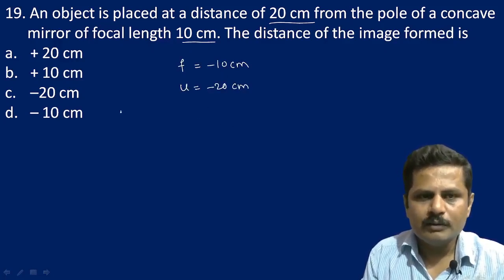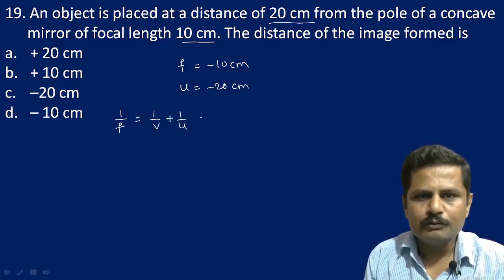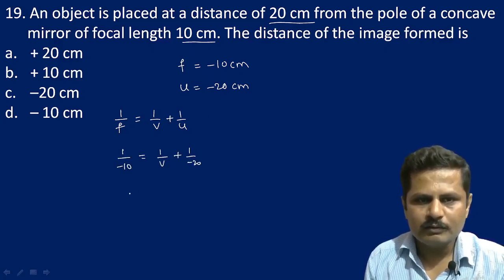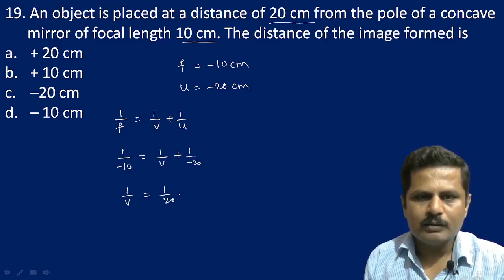So from the mirror equation we can write 1 by f equals 1 by v plus 1 by u. On substituting the values, 1 by minus 10 equals 1 by v plus 1 by minus 20. So 1 by v equals 1 by 20 minus 1 by 10.